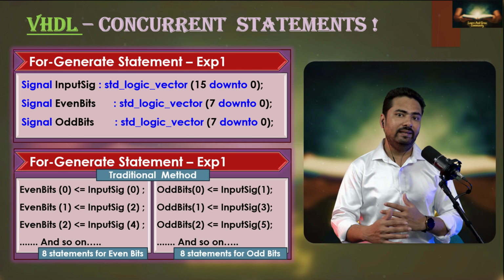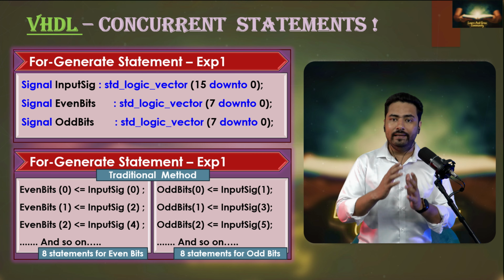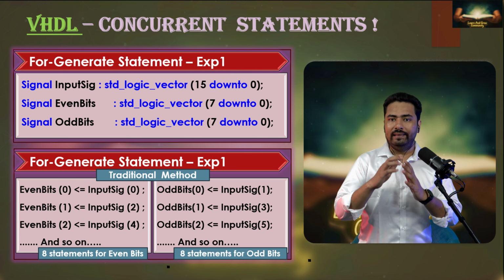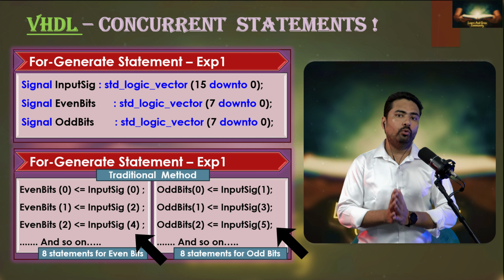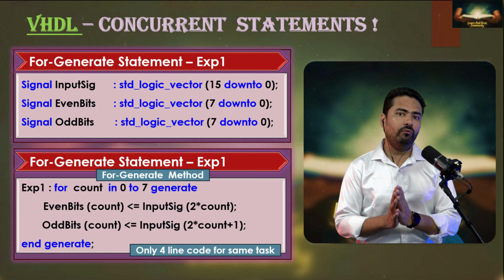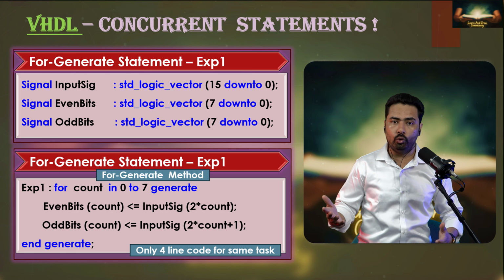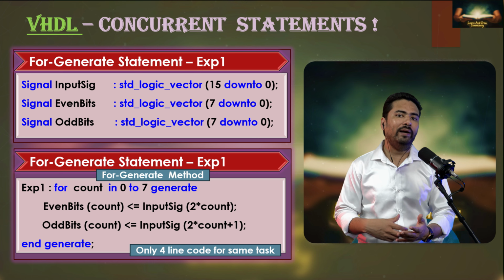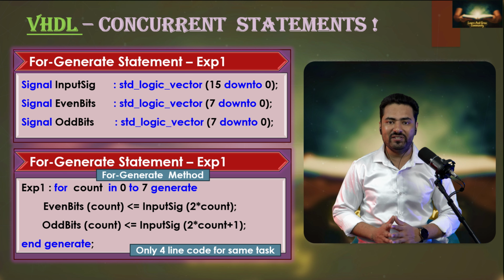First, let's see how you will write them manually. So you need to assign each element in your code, and that would require multiple lines of code. For each instance, you need to write one assignment line. However, if you are using for generate statement, then it will simplify your whole code. So let's see how to write the same example with for generate statement.